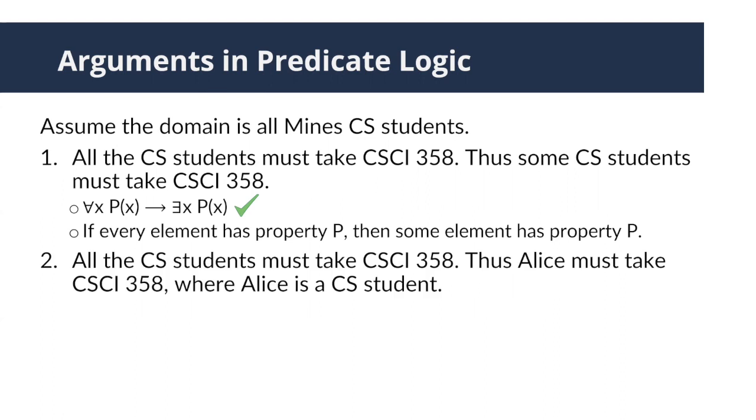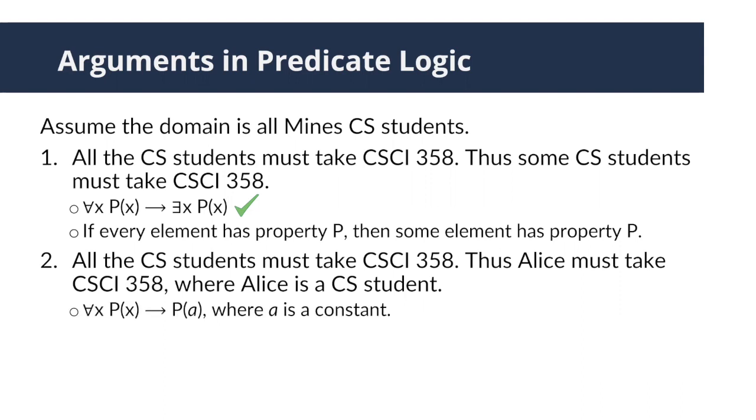Second example, all the CS students must take discrete math, thus Alice must take discrete math, where Alice is a CS student. Same as the first one, we first translate this statement into a logical expression.